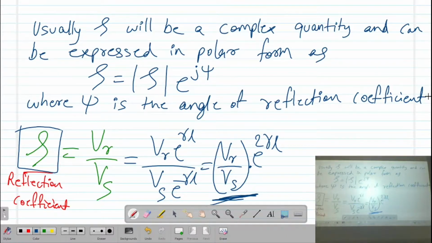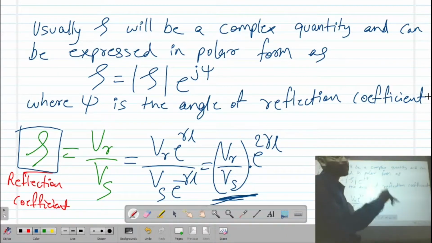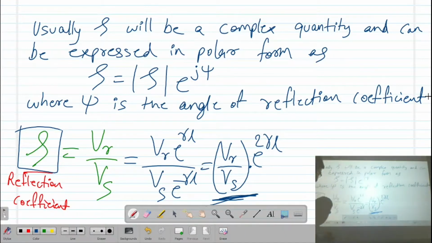Now, moving ahead, we will not include this angle part in the rest of the calculations.